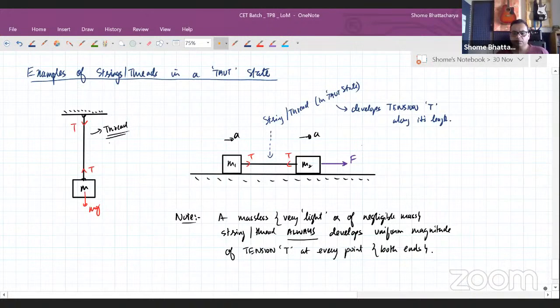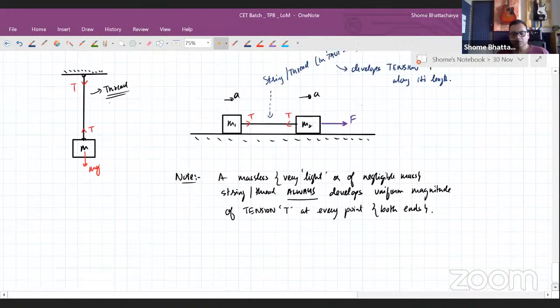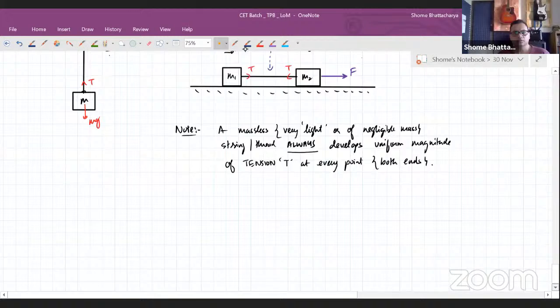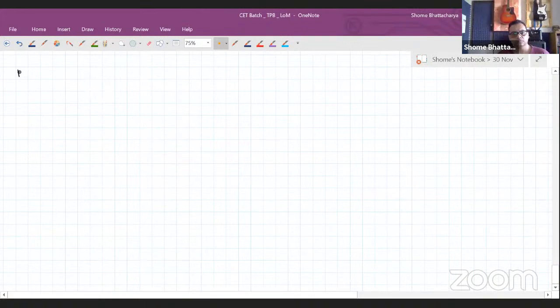Okay, so let us understand this with some numerical examples.